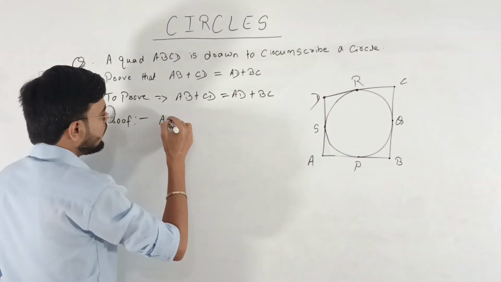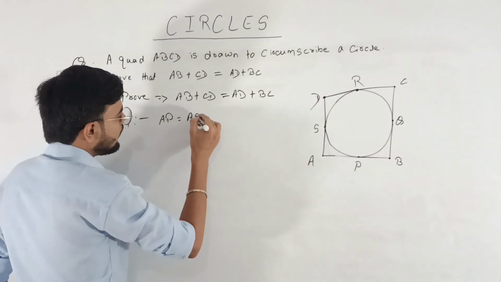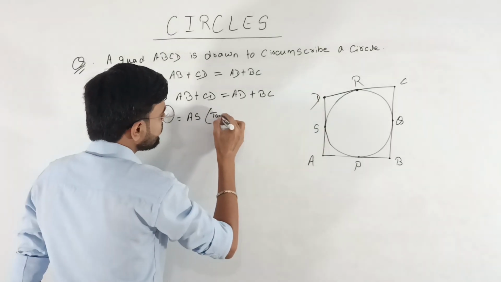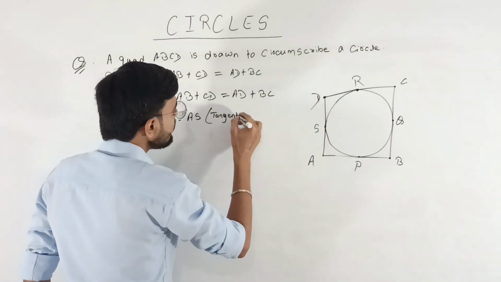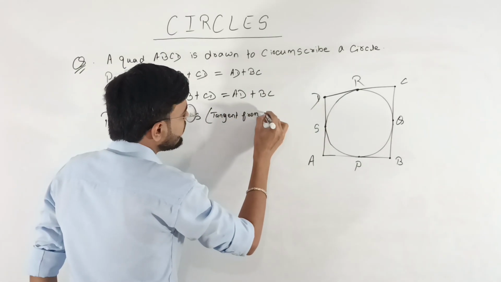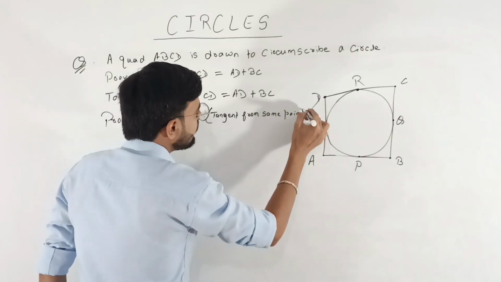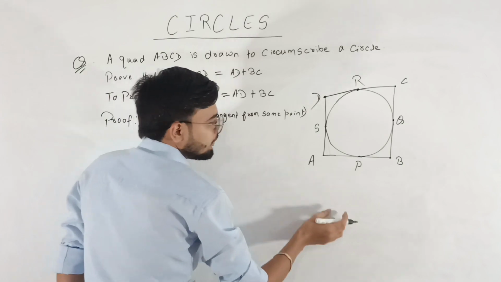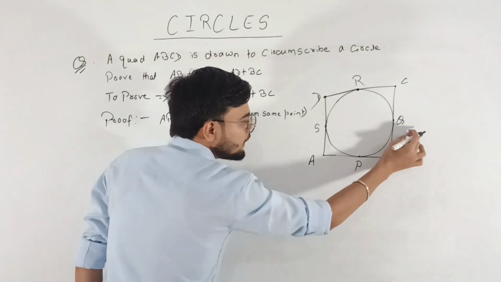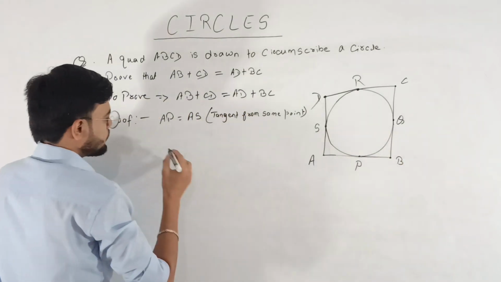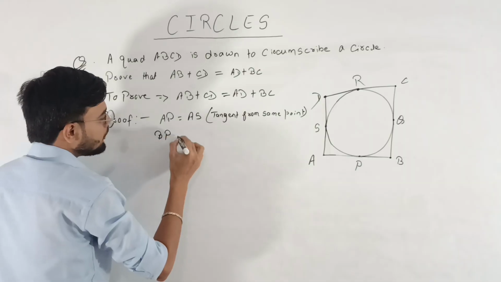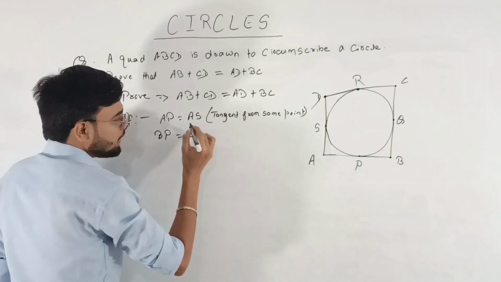So first I write here AP is equal to AS, tangents from the same point. Now similarly BP is also equal to BQ.